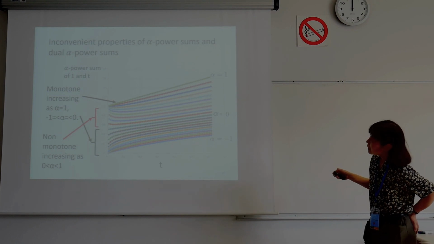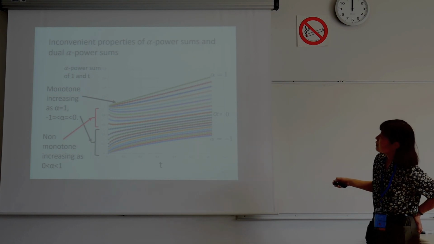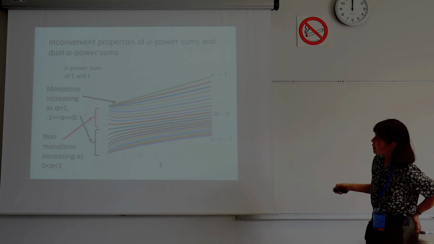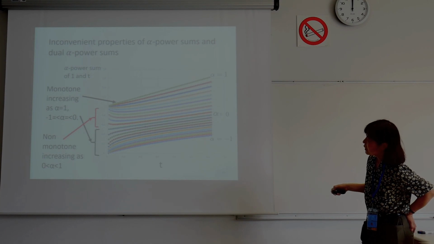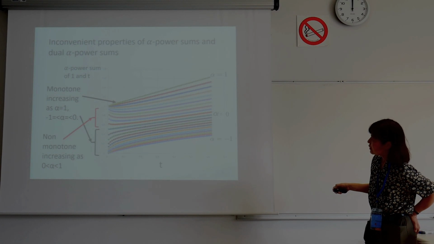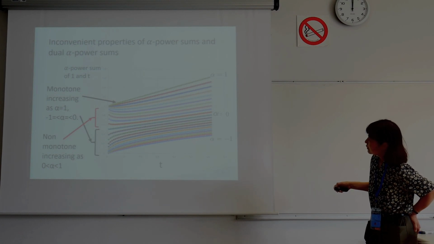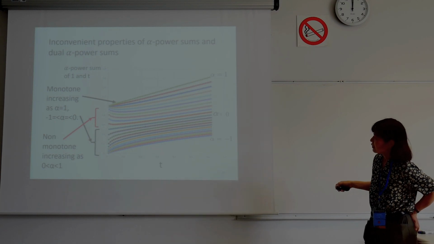If alpha is from minus 1 to 0, it is monotone increasing, but for alpha from 0 to 1, it is not monotone increasing in t. Its value is a small value.